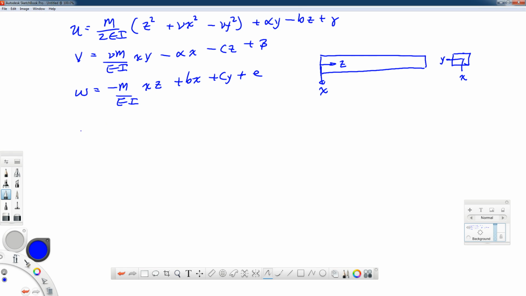Now what we can do is fix the left end, and we can simplify this down. A lot of these terms, as we saw in the previous example, these coefficients will go to 0.